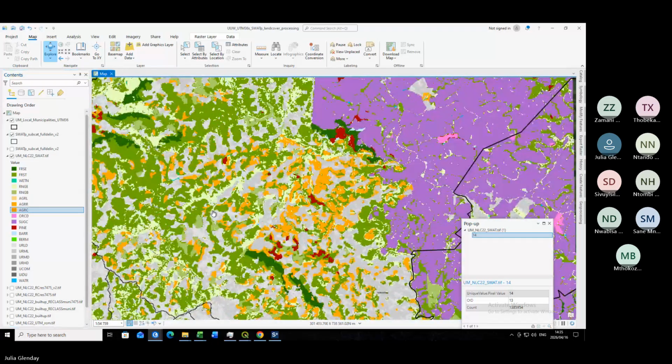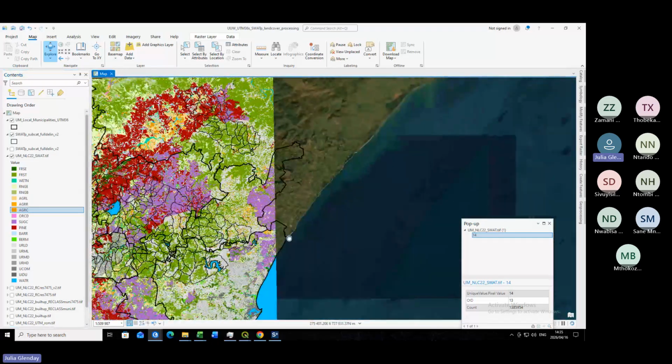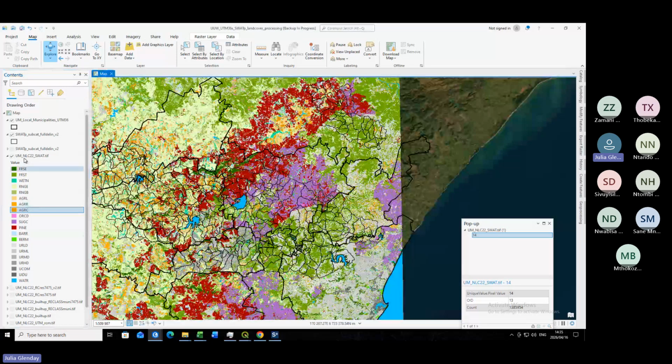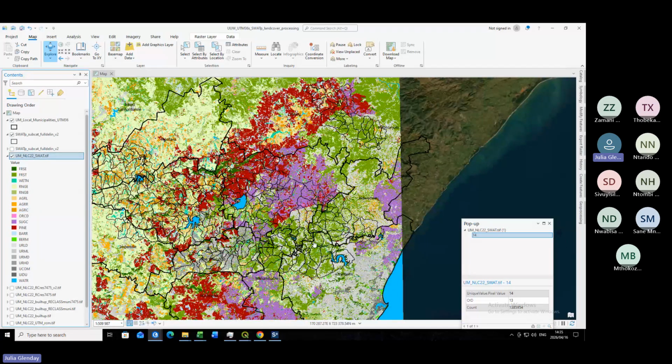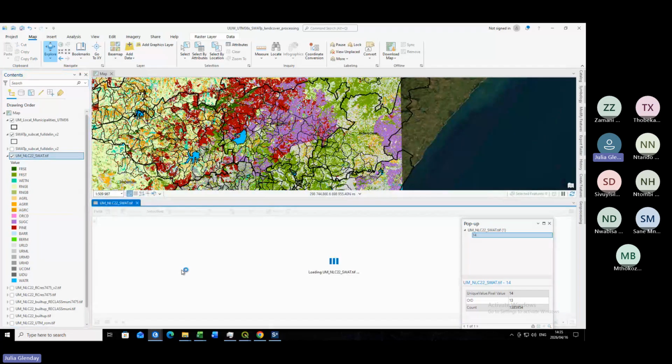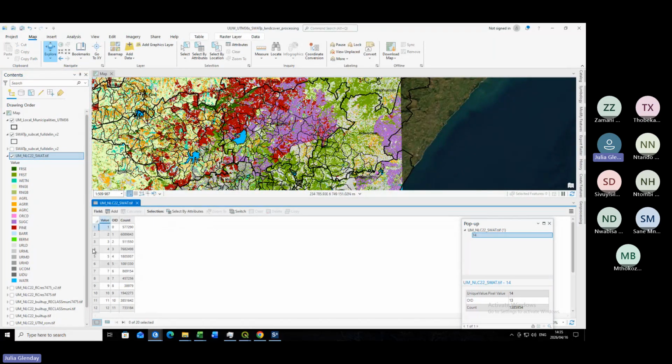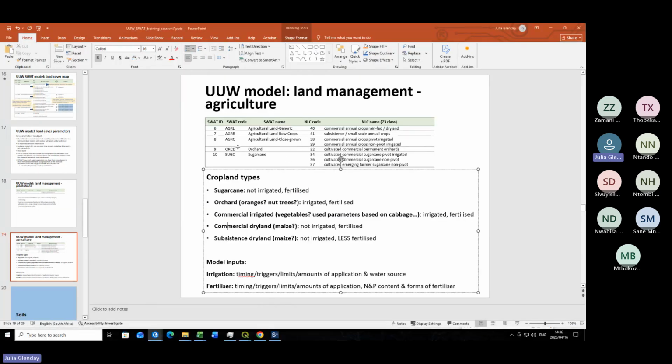I just want to see where the bulk of it is, so we can highlight it and go check, because I think this is important for how the model is set up. Having your input here is very helpful. So commercial is what number? Let's check here. Okay, so the commercial irrigated was 8.